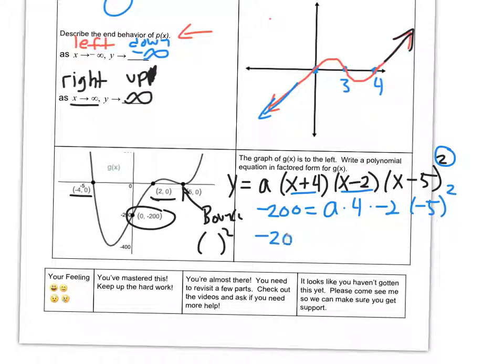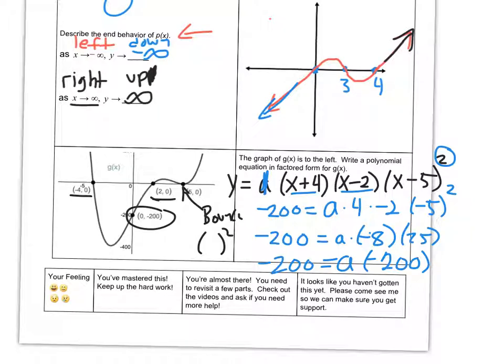So negative 200, and we've got a times 4 times negative 2 is negative 8, and negative 5 times negative 5 is 25. And negative 8 times 25 is going to be negative 200. And the nice thing about that is that it means that a has to be 1. So our final answer, even if you didn't realize you had to do that a part, you might have gotten the right thing by putting the parentheses in and squaring that x minus 5.